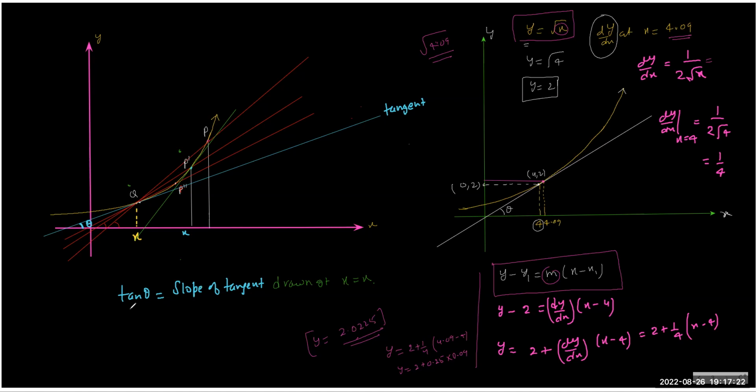What is the meaning of tan theta is clear. I hope this is clear. So when two numbers are very close to each other, what we call the slope of secant becomes the slope of tangent. So how to represent tan theta mathematically? Any idea? So we know the answer for the secant.